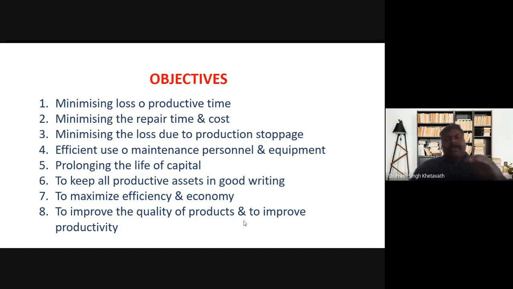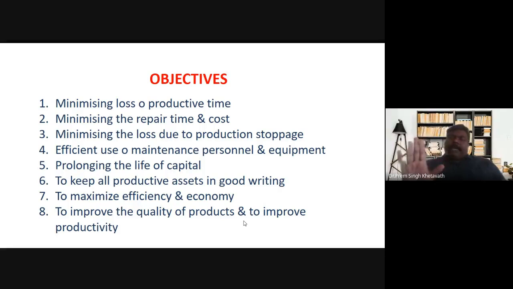So we have to minimize those losses, and we have to efficiently use maintenance personnel and equipment, prolonging the life of capital. To keep all productive assets in good working order, we need to have a progress report of these machines, when we had this, and when the people have given the first servicing and the second servicing, third servicing, that in writing should be there.